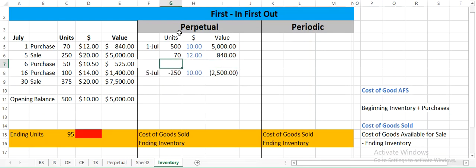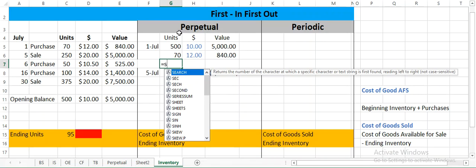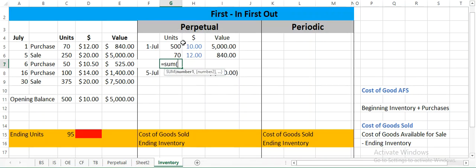I need to show the balance after every transaction underneath perpetual. And so I'm saying here that as of the end of July 1st, we have 570 units available, and 5,840 is the value that we give those 70 units. And so that's the balance before then.